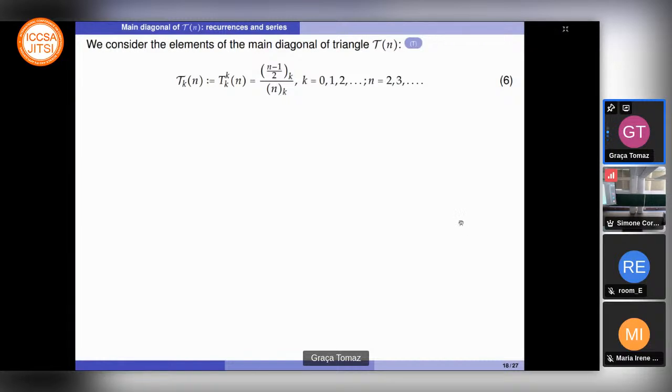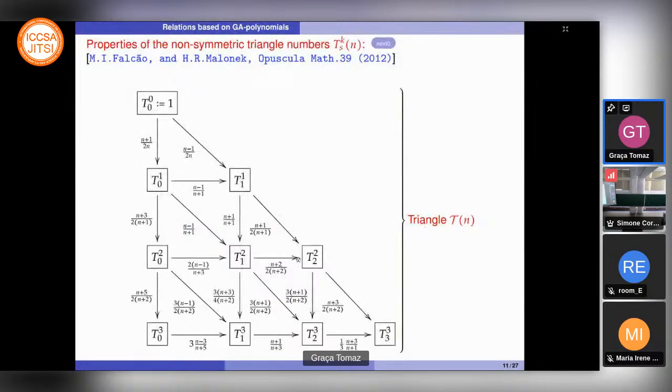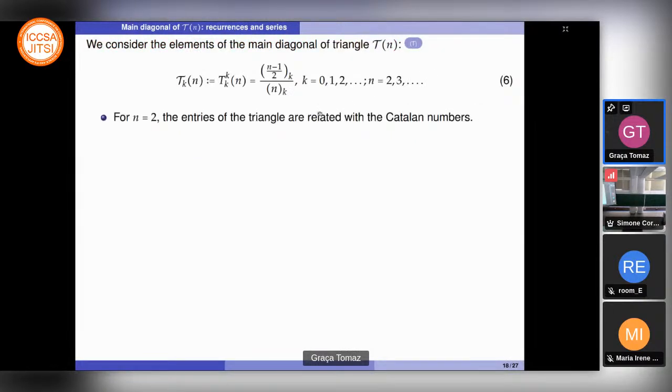From now on, we will focus on the elements of the main diagonal of the non-symmetric triangle. Its entries are kk with these values. I'm referring to this diagonal. First, we note that for n equal to, all the entries of the triangle are related to the Catalan numbers.